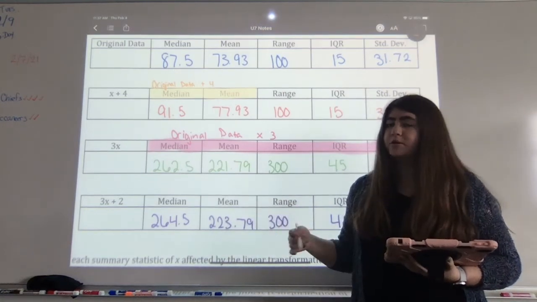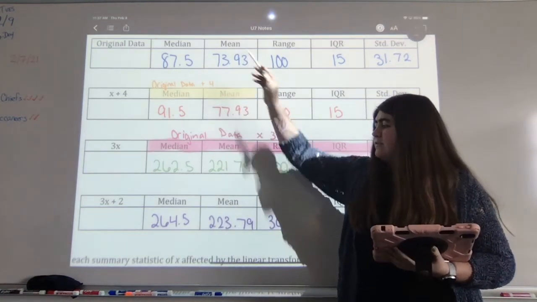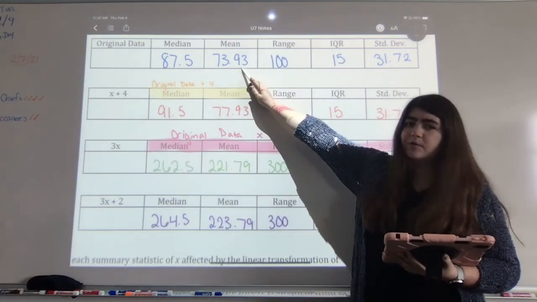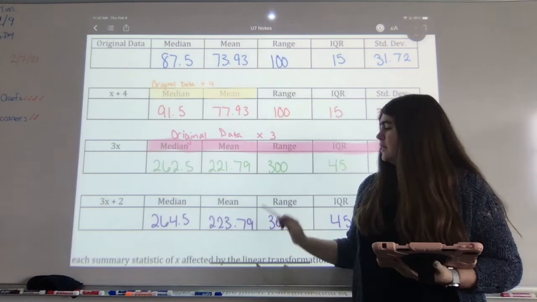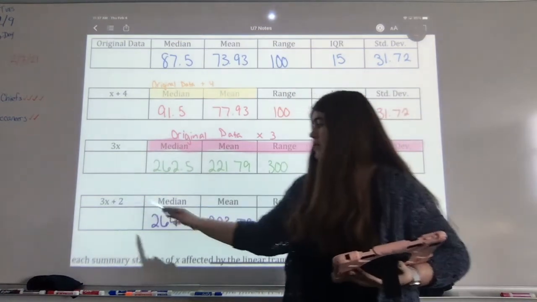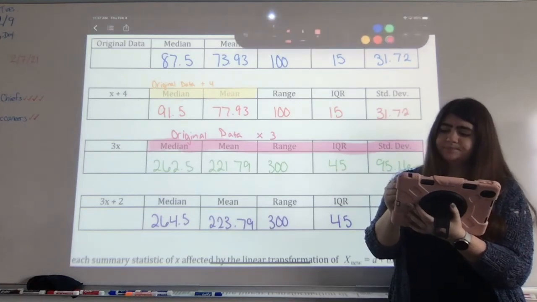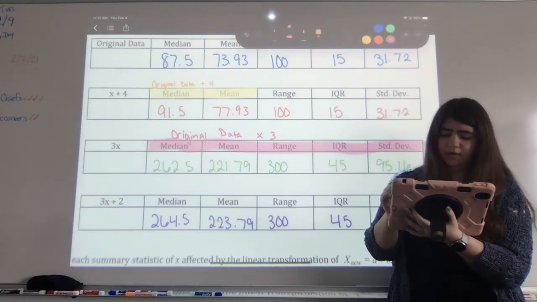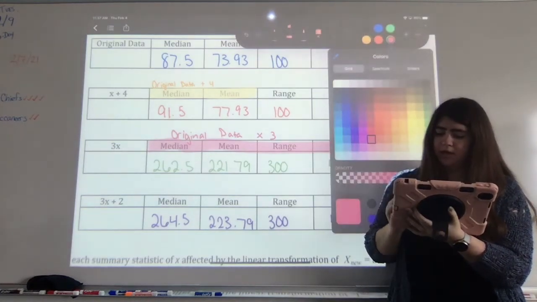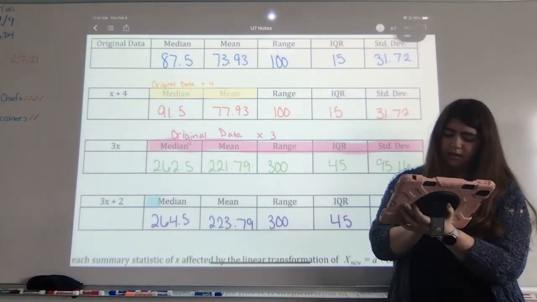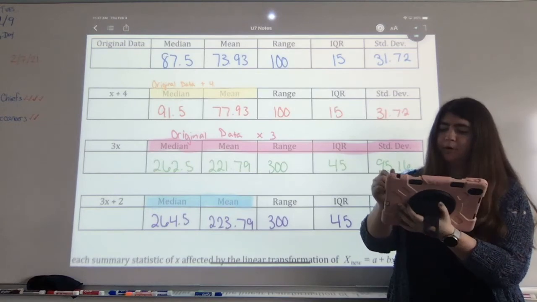Or from the original data, 87.5 times 3 plus 2. From the original data, 73.93 times 3 plus 2 gives you your new mean. So when we are working with both multiplication and addition, the median and the mean change by both pieces.